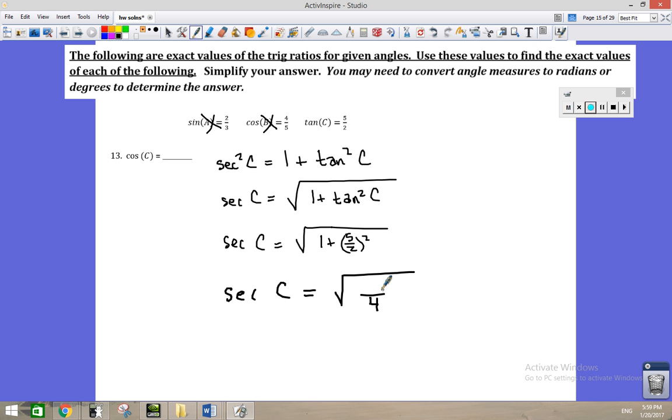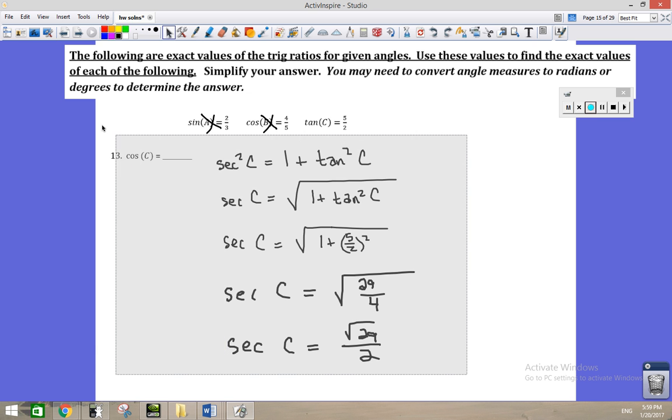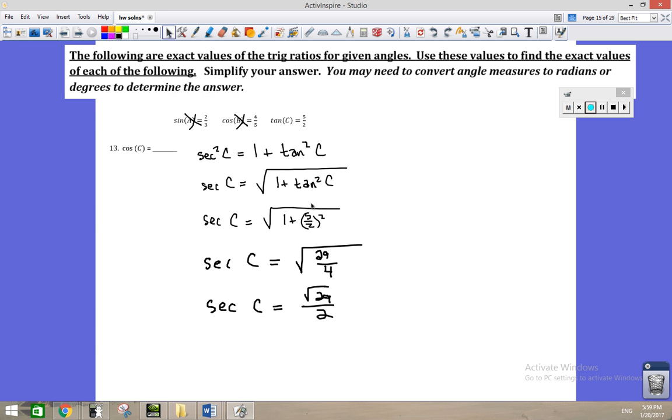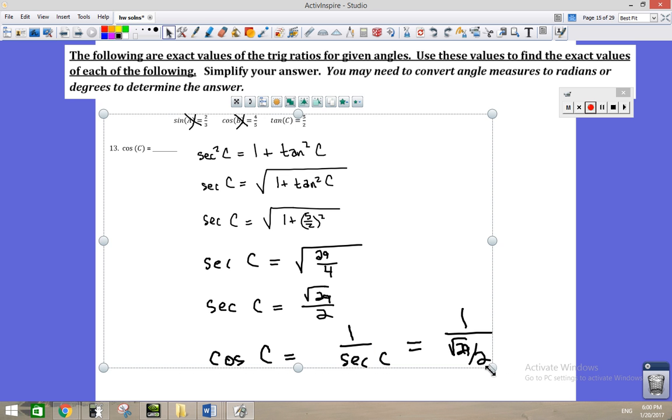So if I add these two together, I've got 25 plus 4, which is 29. I've got the secant of C is radical 29 over 2. But now I'm going to take the reciprocal of that. I know that the cosine of angle C is 1 over the secant of angle C. So if I take 1 over the square root of 29 over 2, that's saying to flip it, to take the inverse.